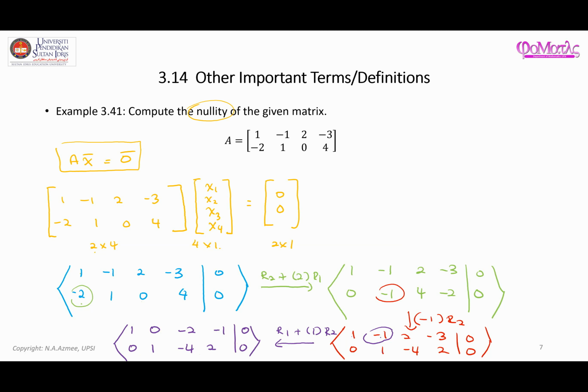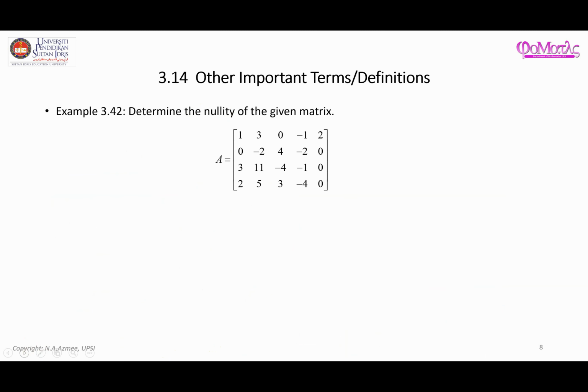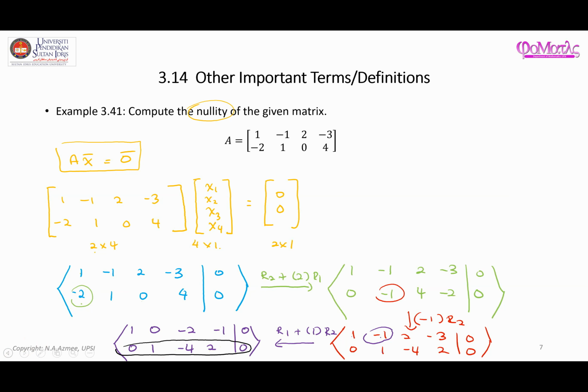Okay, so based on this here, we have x2, -4 x3, x4. Oops, sorry, I don't have a space, so I'm just going to consider this space here.